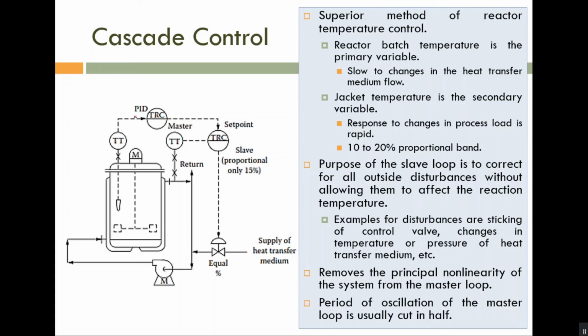So this is a primary loop, where the primary measurement is the reactor temperature, and this one is a primary controller which is used to control the reactor temperature that we discussed in last class. And this is a secondary loop, where this one is a secondary measurement which is measuring the return temperature or jacket temperature. Okay, and this is a secondary controller.